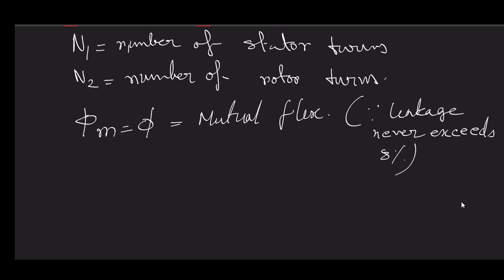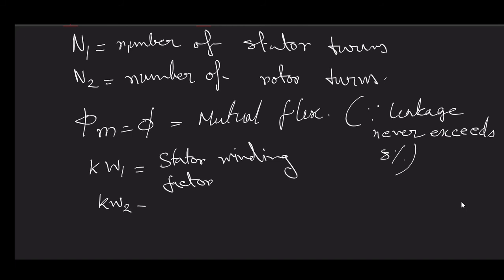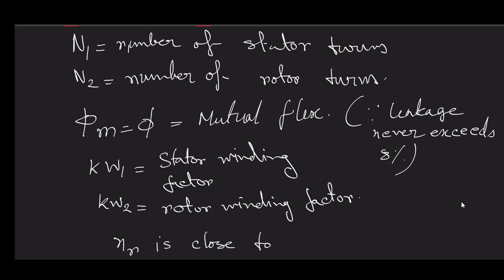Now, regarding rotor winding, one thing I would like to mention: generally during runtime we will show, and also you can understand, that when the rotor speed is sufficiently high, that means NR is close to NS, then slip is small.